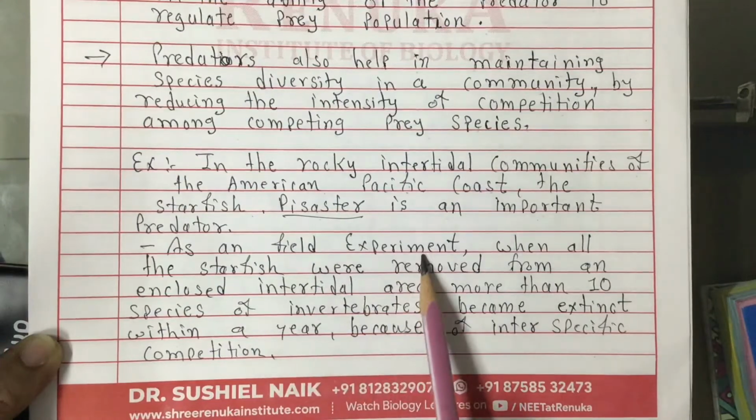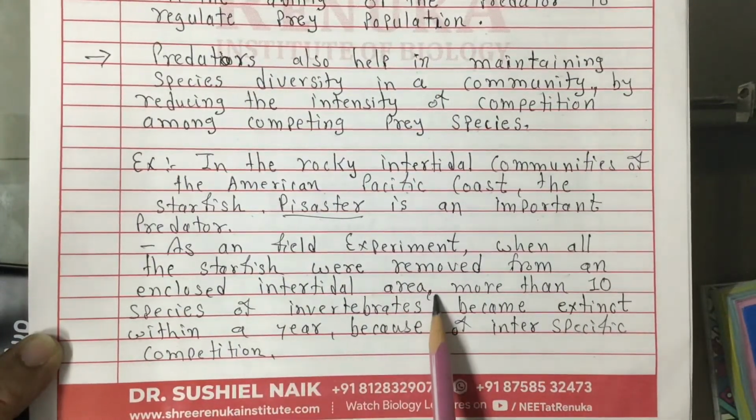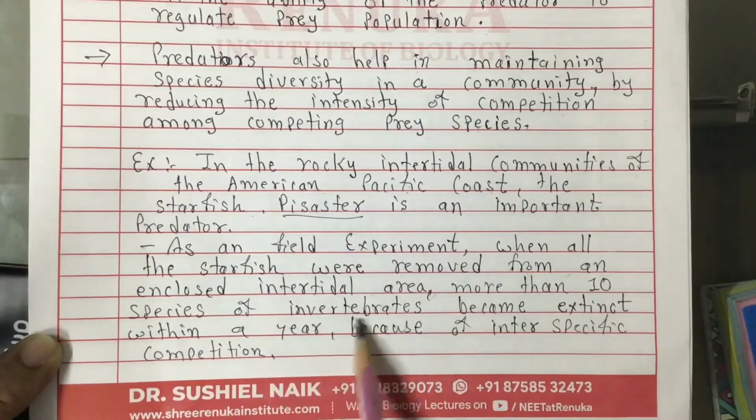As a field experiment, when all the starfish were removed from an enclosed intertidal area, more than 10 species of invertebrates became extinct within a year because of interspecific competition.